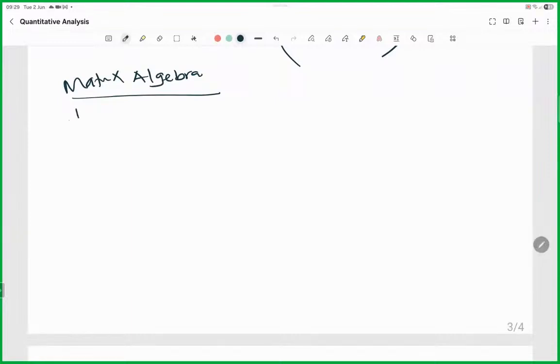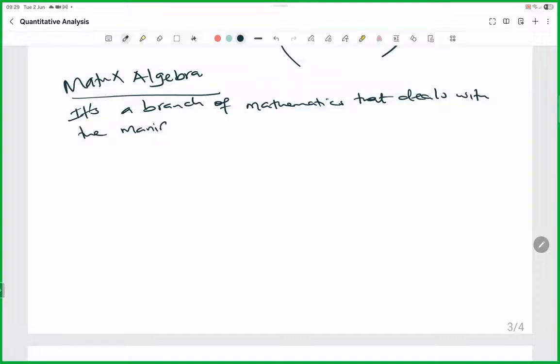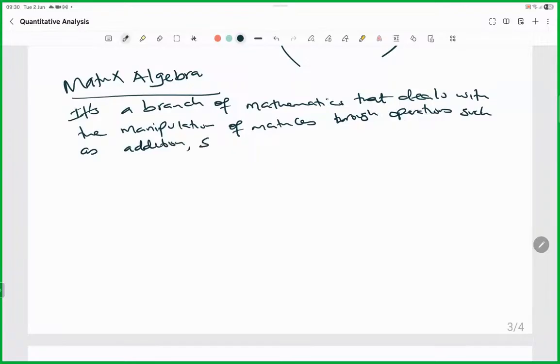It is a branch of mathematics that deals with the manipulation of matrices through operations such as addition, subtraction, multiplication, transposition, and inversion.